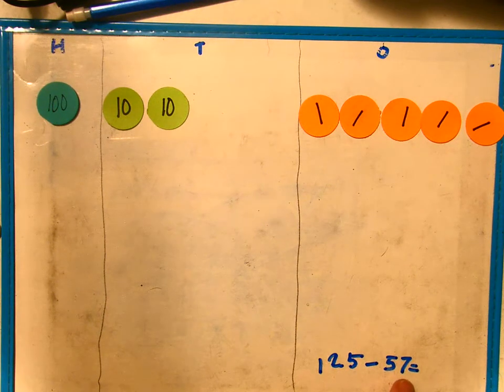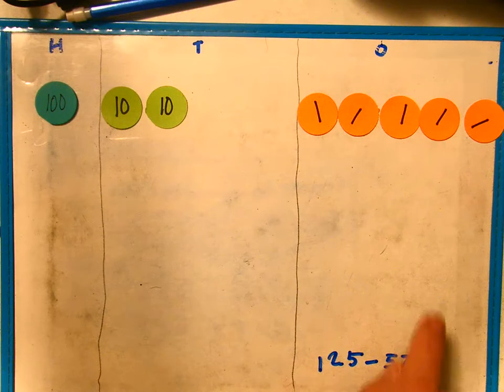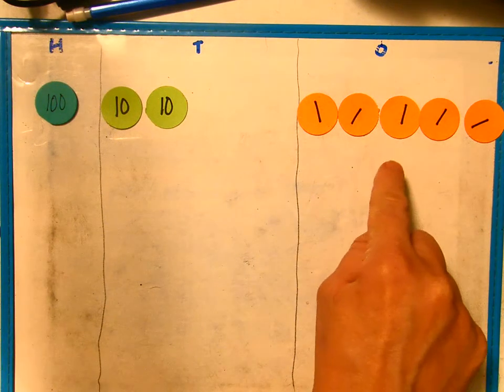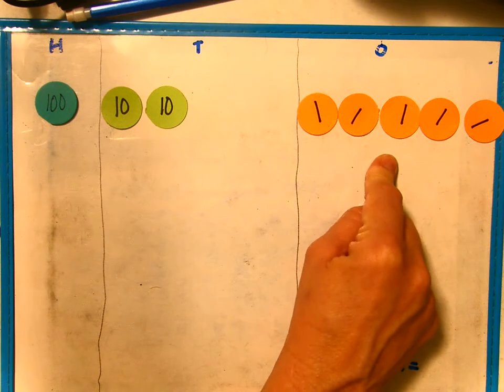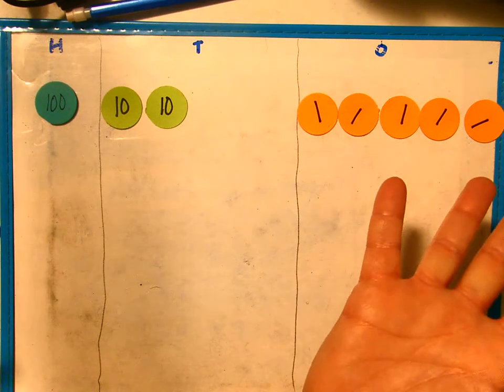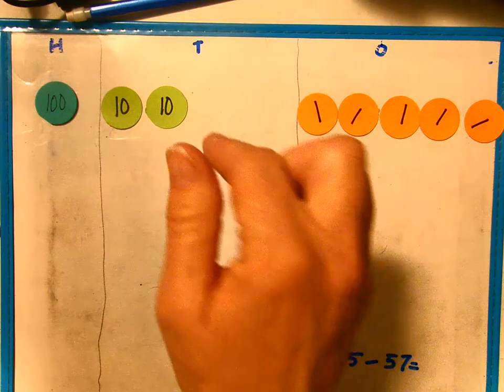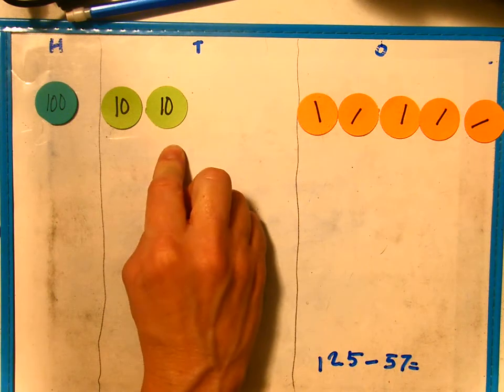So we're going to start with the ones, because this time we are taking away some ones. We need to take away 7 ones. Can I take 7 from 5? Can't. Where can I get more ones? I have to come over to the 10.